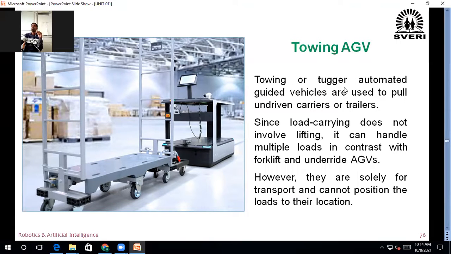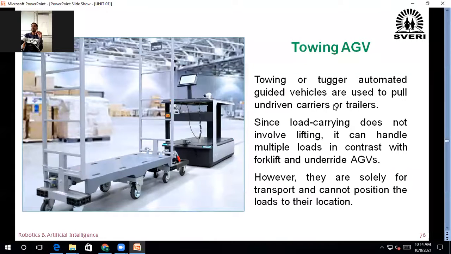Towing automatic guided vehicles are used to pull driven carriers or trailers. Okay, to pull that trailer we require these towing AGVs. Since load carrying does not involve lifting, it can handle multiple loads in contrast with forklift and unit-load AGV.